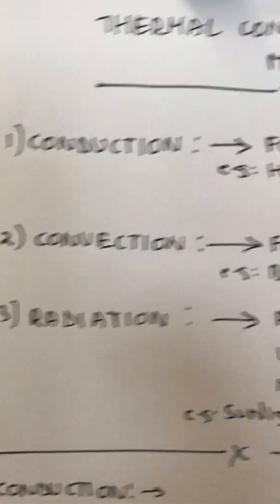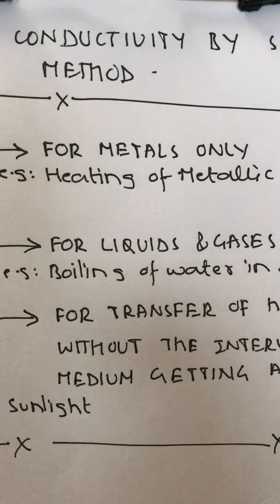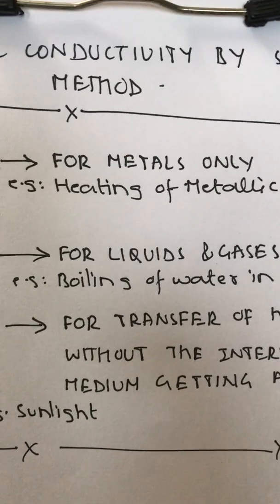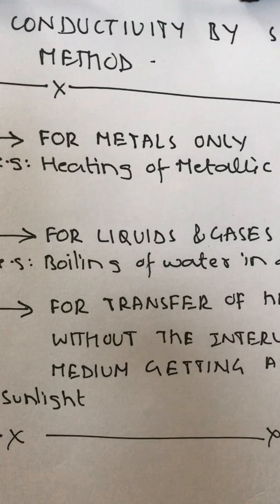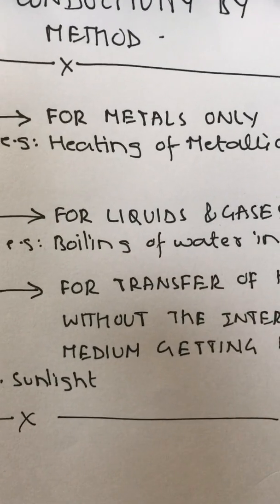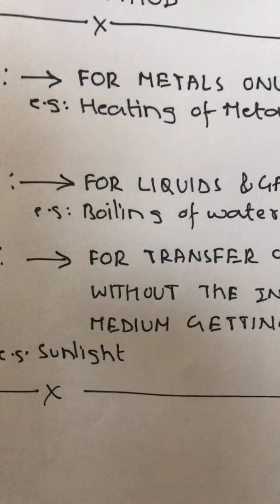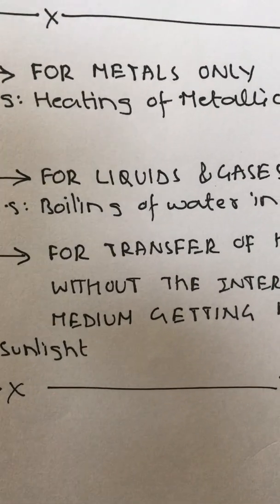So conduction is only for metals. You would have observed that whenever you hold a piece of metal in your hand and keep the other end against the fire, the portion which you are holding will get heated up. That's the conduction. It happens only in metals. Please keep in your mind that conduction does not occur for liquids or gases or any other mode.